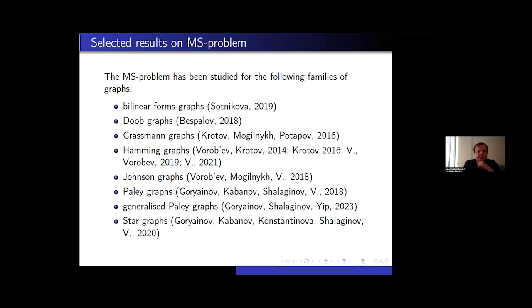For example, this problem is studied for the Hamming, Johnson, Grassmann and Doob graphs, for the bilinear forms graphs, for Paley and generalized Paley graphs, and for the star graphs.